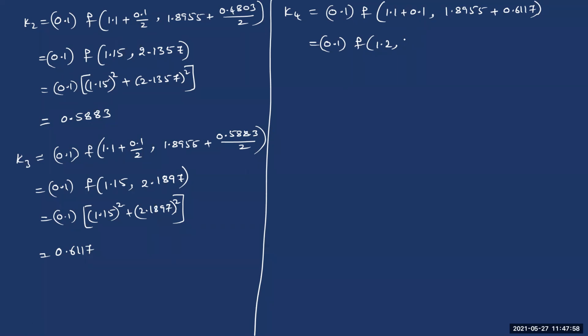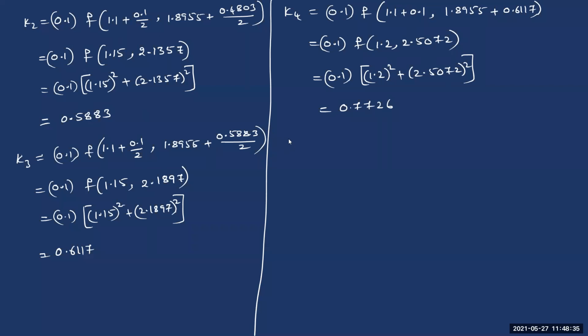We are getting this as 2.5072. So this is equal to 0.1 times the sum of squares of these two, 1.2 whole square plus 2.5072 whole square. Substitute and check. So I'm getting this as 0.7726. So this is K4.